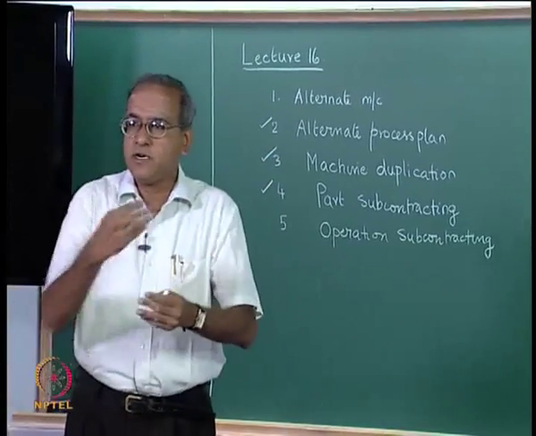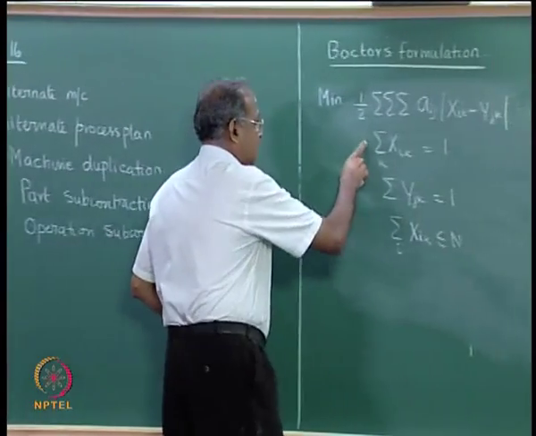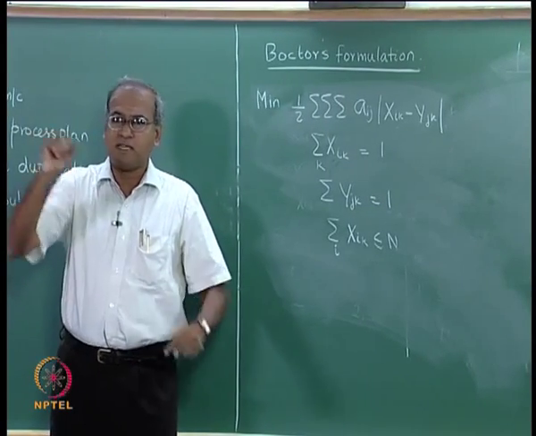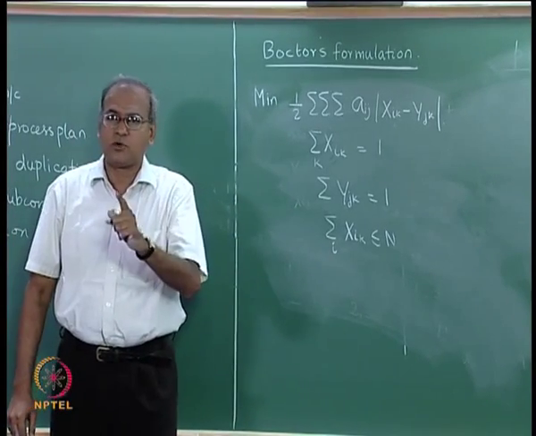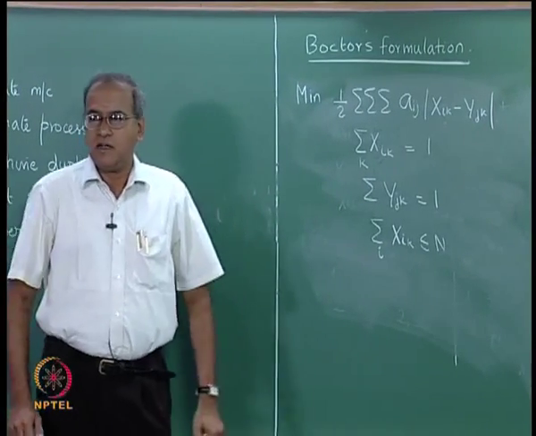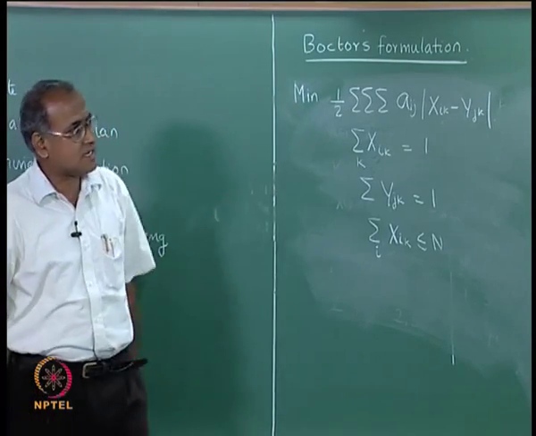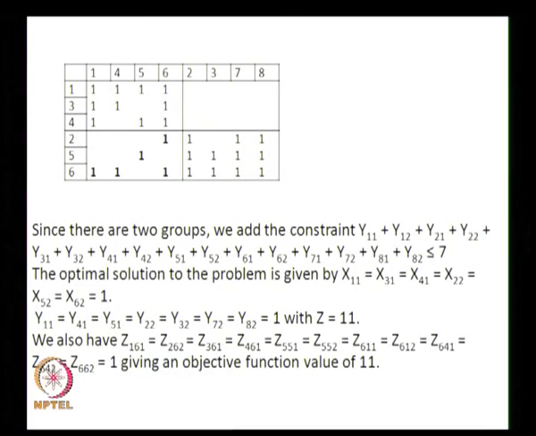Now, if we allow machine duplication, where is the modification? This constraint permits a machine to be attached to only one cell, and this does not allow a machine to go to 2 cells. For example, if we are looking at 2 groups, we will have a constraint which is x61 plus x62 equal to 1 for this table, and that will force machine 6 either to group number 1 or to group number 2.